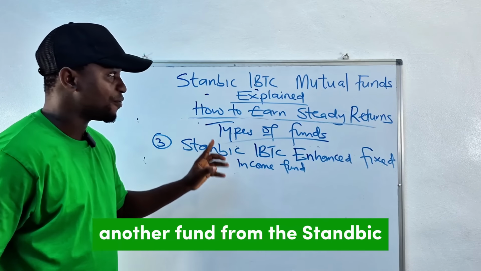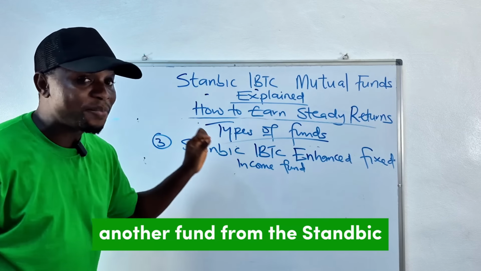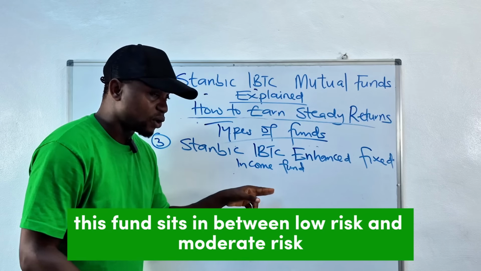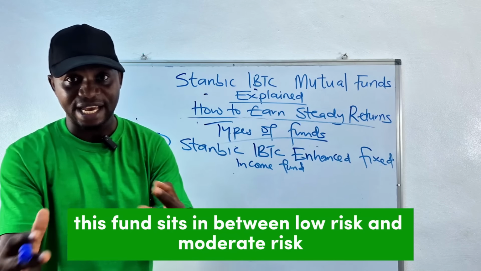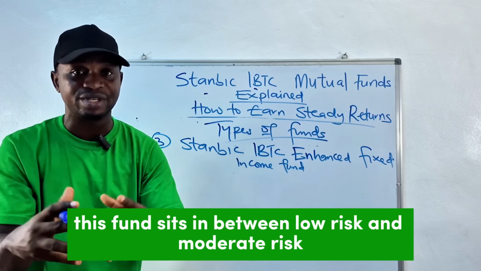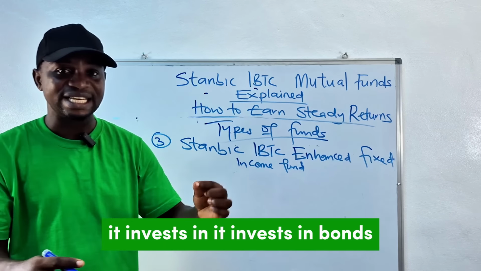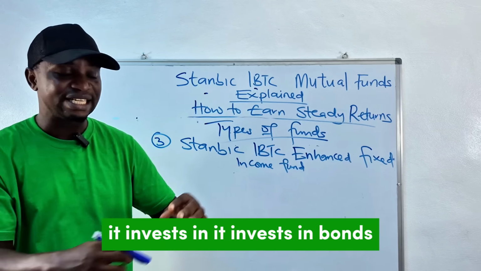Another fund from the Stanbic IBTC mutual funds is the Stanbic IBTC Enhanced Fixed Income Fund. This fund sits in between low risk and moderate risk. It invests in bonds, treasury bills, and corporate debt instruments.